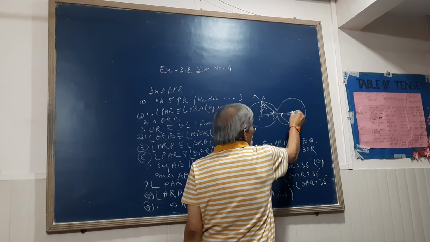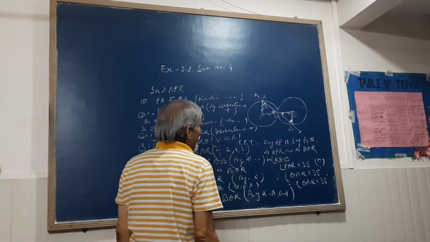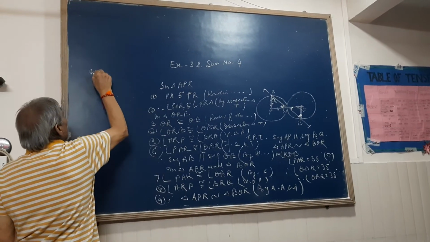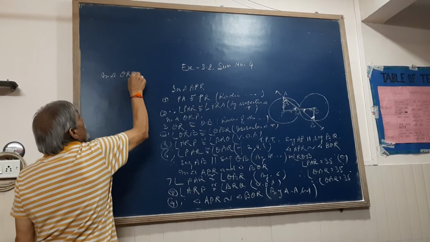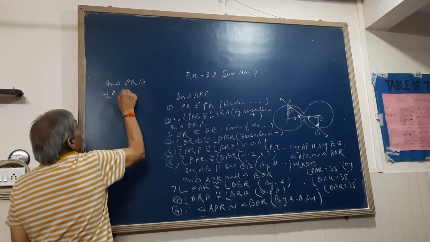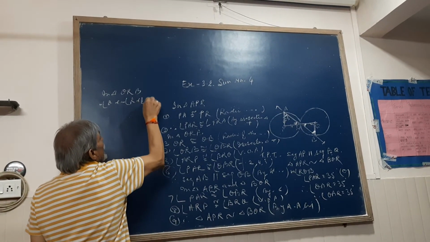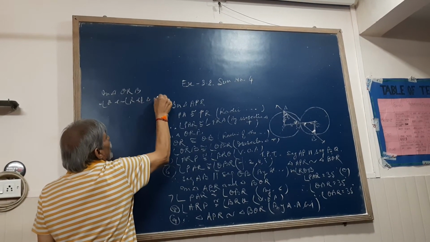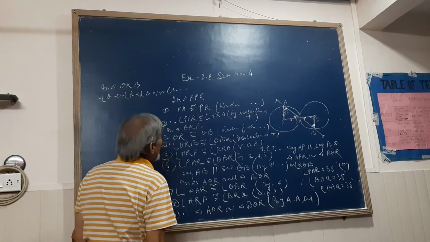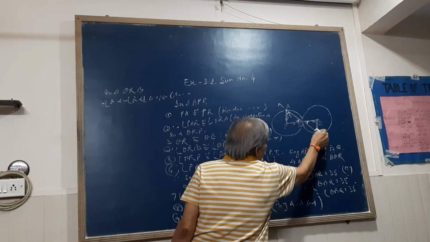So this we can find out by sum of all angles of a triangle is 180. In triangle QRB, measure angle Q plus measure angle R plus measure angle B is equal to 180 degree. Sum of all angles of a triangle is equal to 180 degree. Now here you can see this is 35, this is 35.